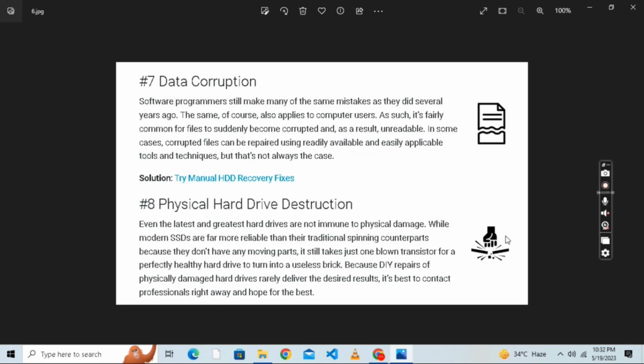Because of physical damage, hard drive repair rarely delivers the desired result.